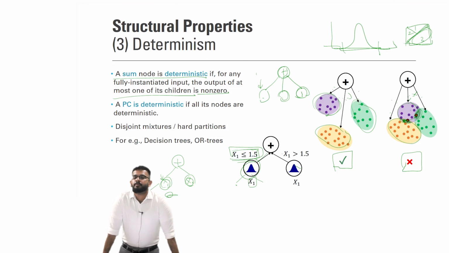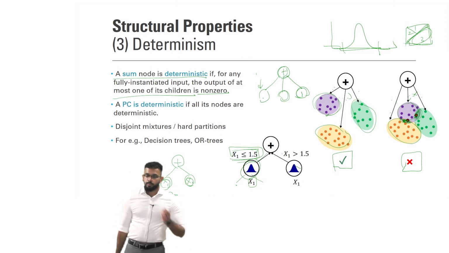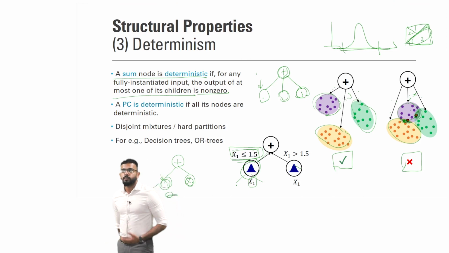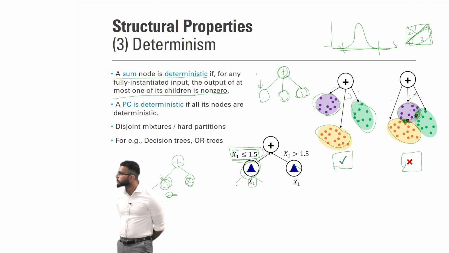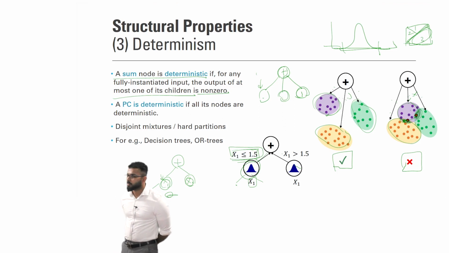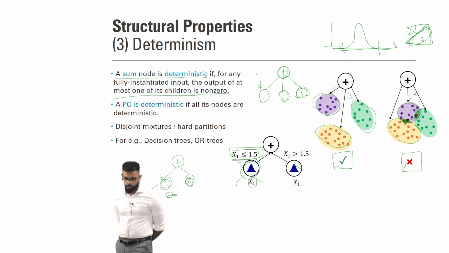You said there need not be a path, right? Right. When we split the range, here you are partitioning the range of the random variable. So for a particular range, the density there could be 0, completely. Whereas in a decision tree, you have to take a path. So to me, a decision tree is a special case of this deterministic sum node.